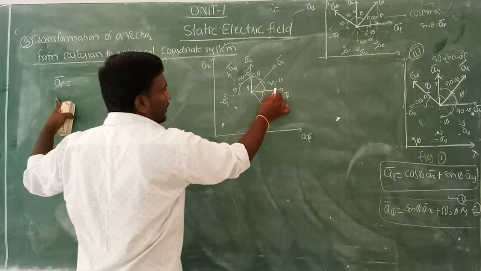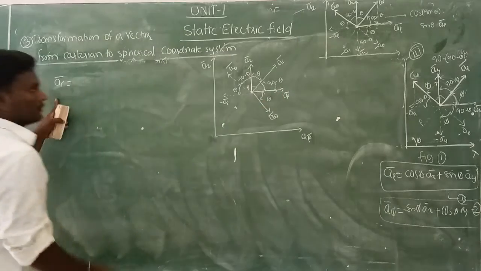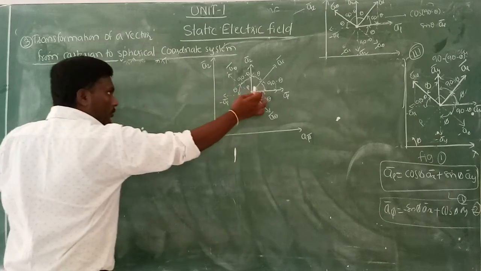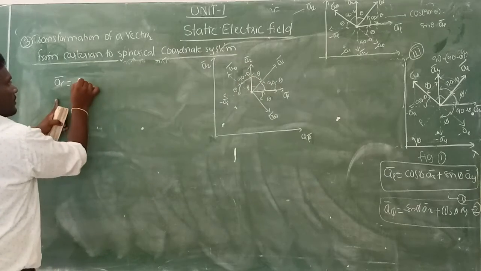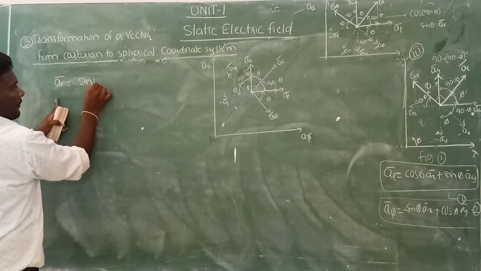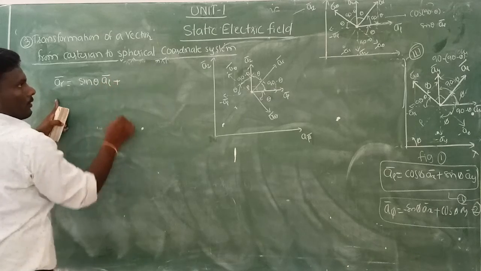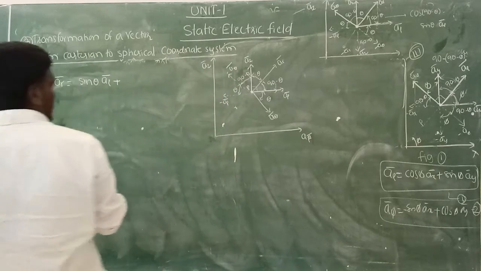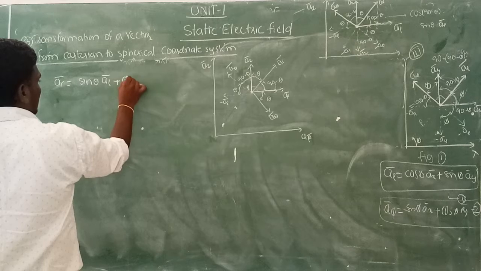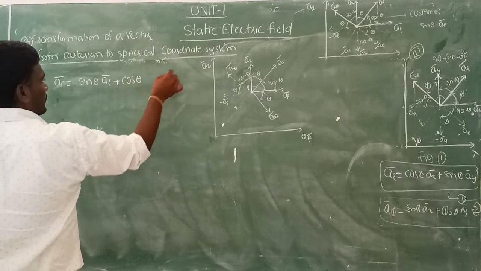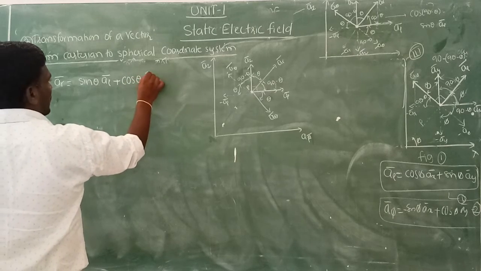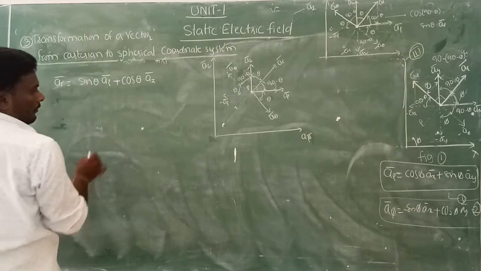What is the component along the arrow bar? It is cos of 90 minus theta, which is sin theta, into arrow bar, plus what is the component along the z axis? It is cos theta into az bar.